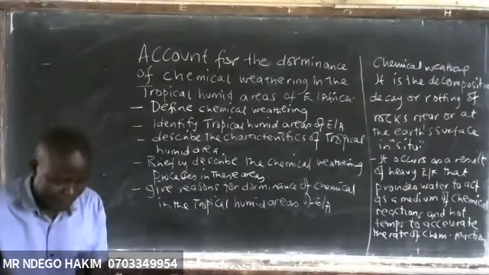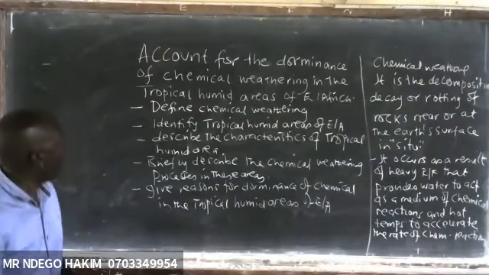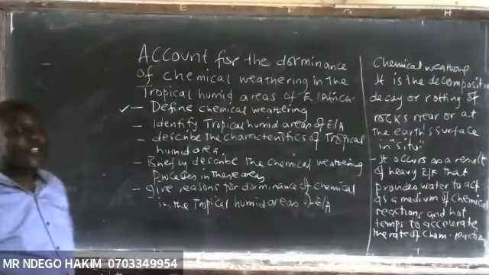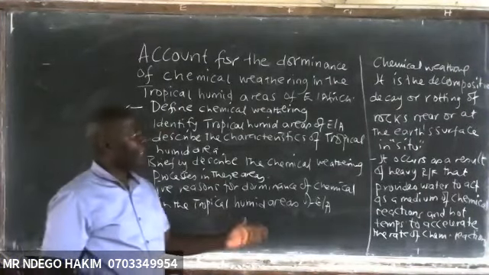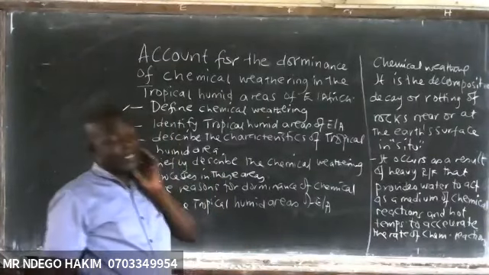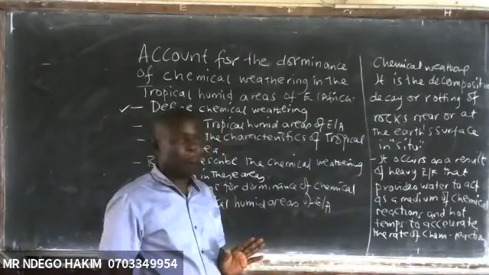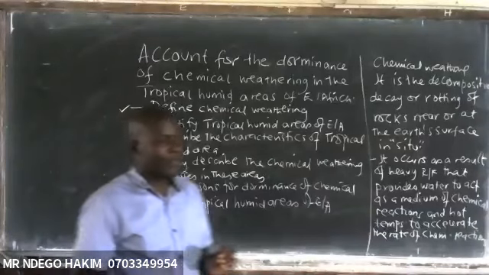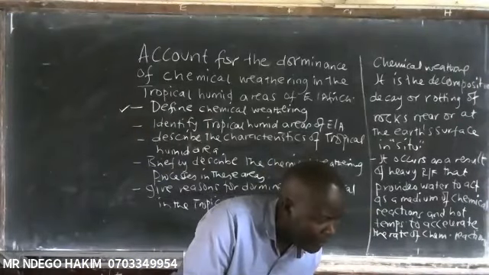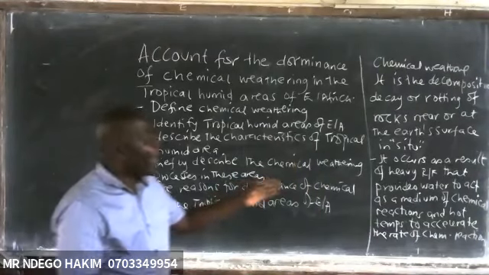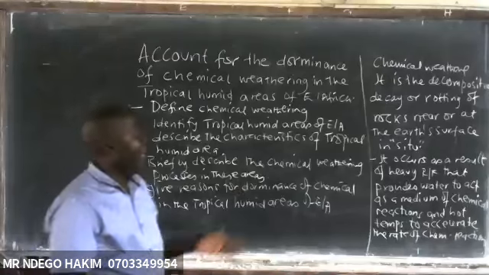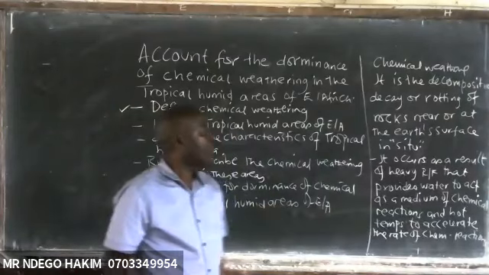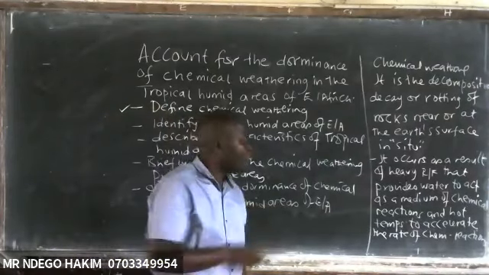We have now defined. We have defined chemical weathering as the decomposition or rotting of rocks near or at the surface in situ, and added a statement that it occurs as a result of heavy rainfall, which provides water that acts as a medium of chemical reactions.